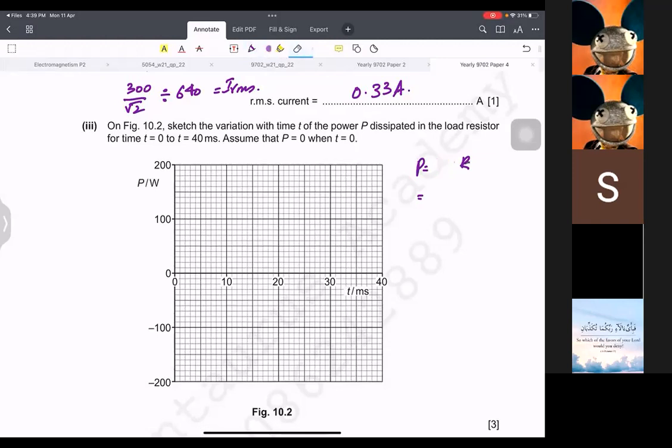Instead, we could use V squared over R. V was the maximum 300, so 300 squared over 640. Can you please find the answer here? 140.6. So about 140 or 141. This is 150, I believe, so around here. You have to search for it on your own.